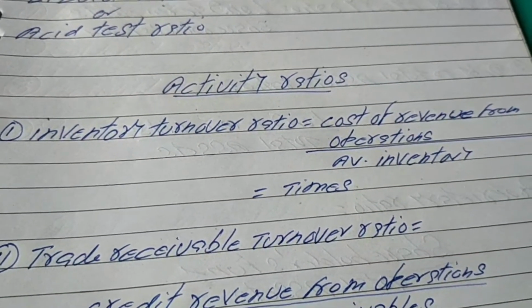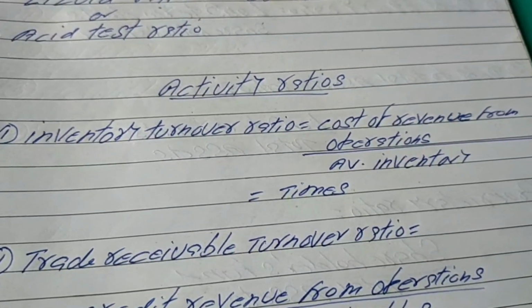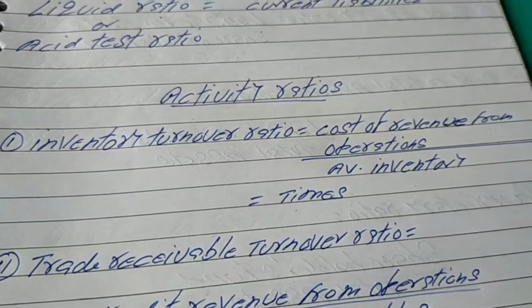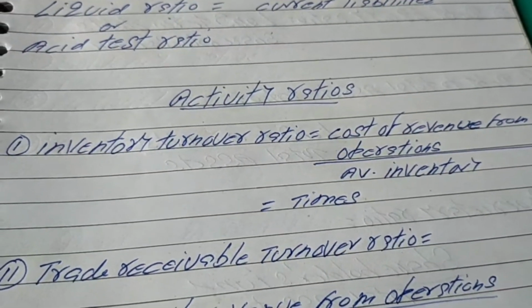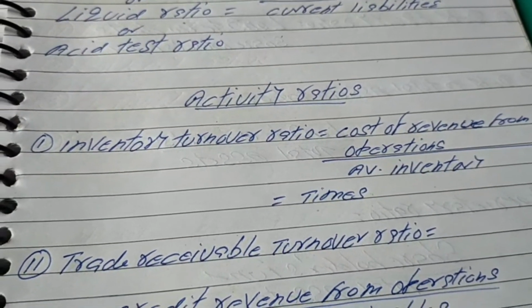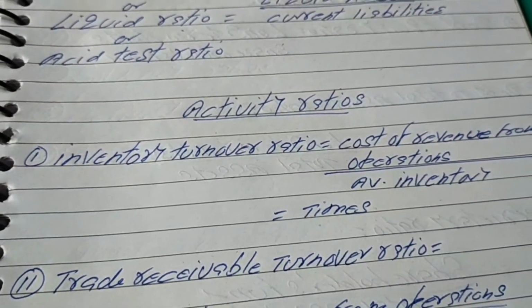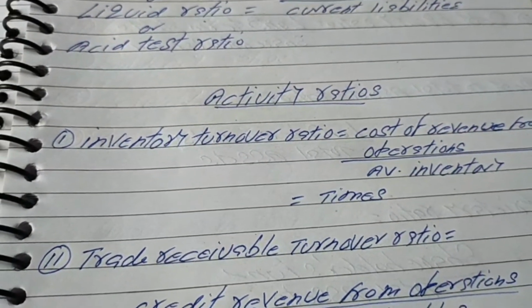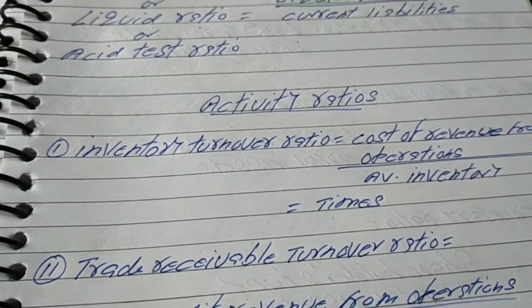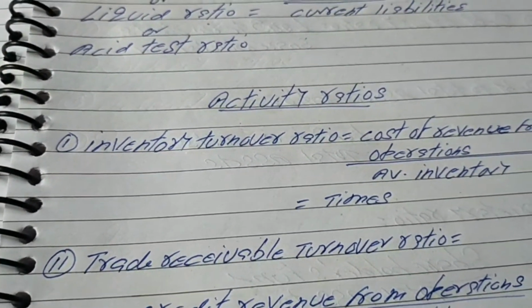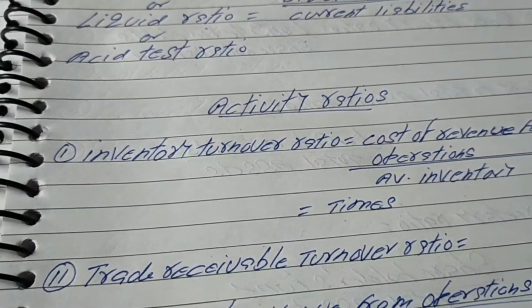Now firstly we have to know how we will calculate cost of revenue from operations. For that we will use the formula: cost of revenue from operations is equal to opening inventory plus purchases minus purchases returned plus direct expenses minus closing inventory.